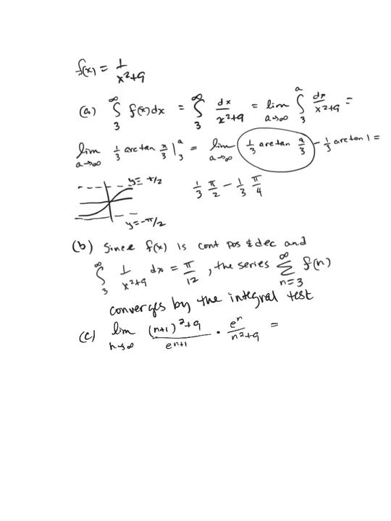So this came out to be the limit as n goes to infinity of n squared plus 2n plus 10 over e times n squared plus 9. So you could distribute the e if you want.